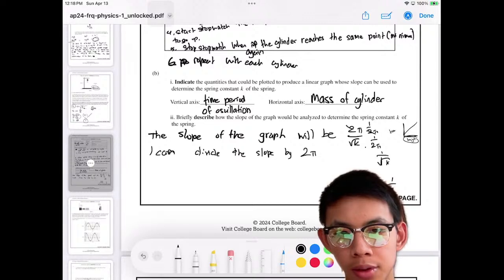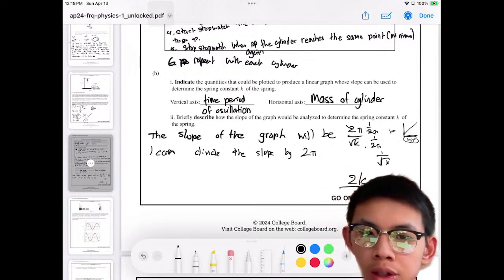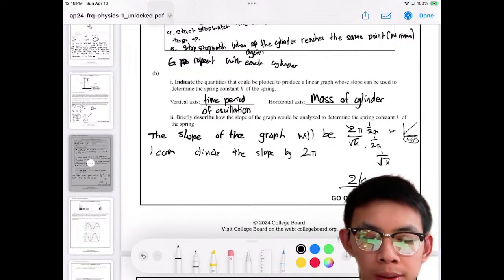No, you don't have to do this to both sides. So I can just divide by 2.